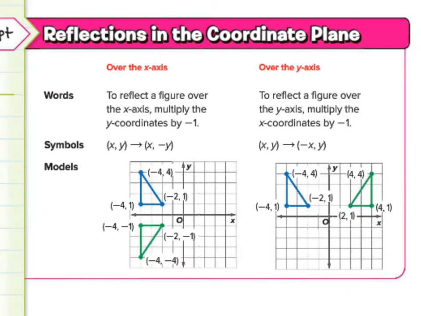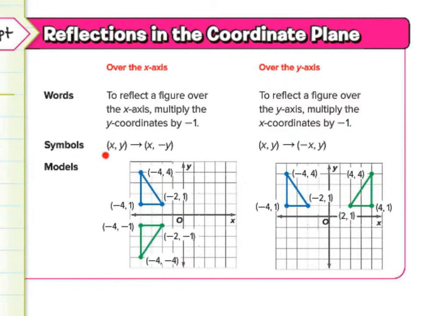So let's see what I just said in a more detailed or simpler explanation. So reflections in the coordinate plane. Here's what we mean by it. In words, to reflect a figure over the x-axis, multiply the y coordinates by -1. Okay, this is the technical way of doing it, or you can just simply change it to the negative. But you get the point.